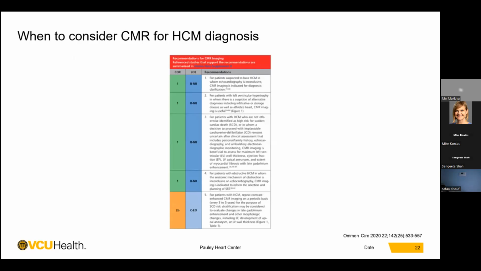So when is CMR recommended for HCM patients? This comes from the recent ACC/AHA guidelines. CMR should be done in patients who are suspected to have HCM, who have non-diagnostic or inconclusive echoes.